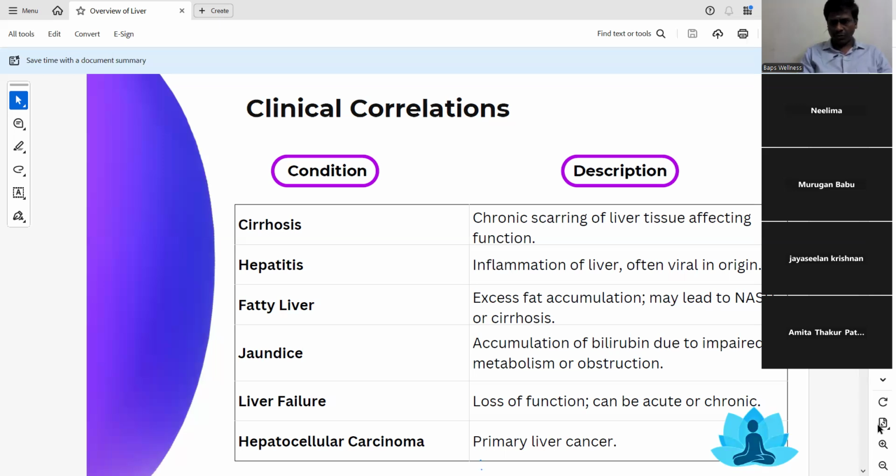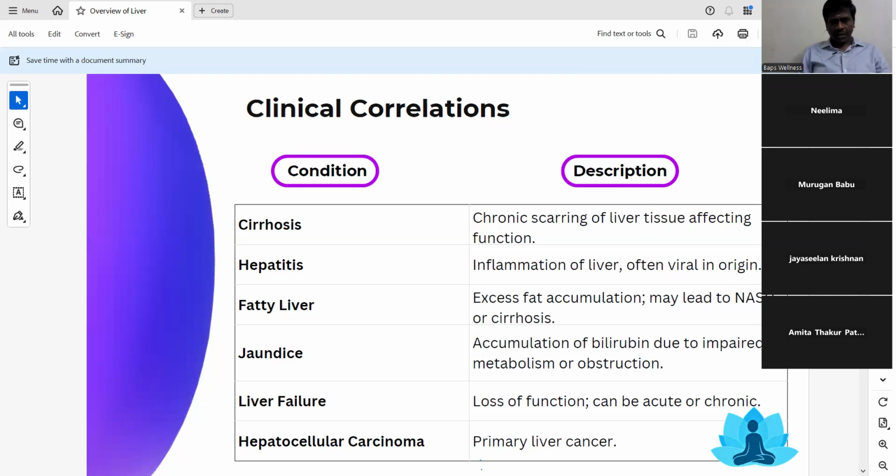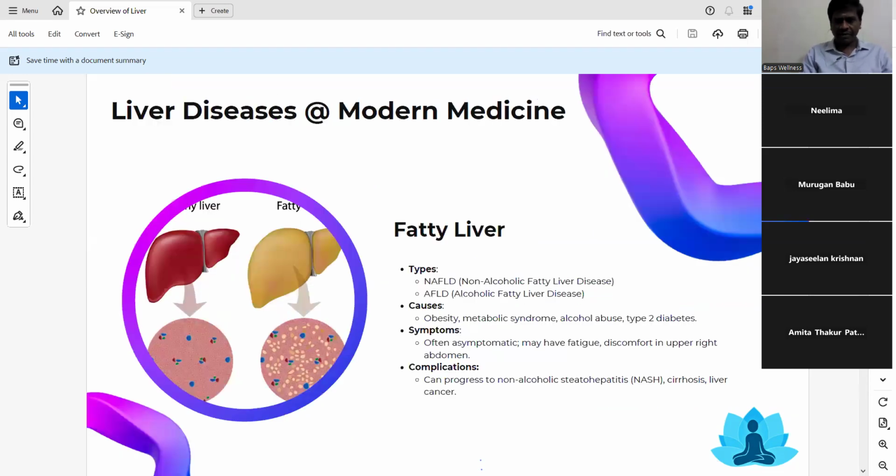So with regard to the diseases, we have seen the major common diseases, around 6 diseases: cirrhosis, hepatitis, fatty liver, jaundice, liver failure, and then liver cancer. Of these, fatty liver is a very, very common one.